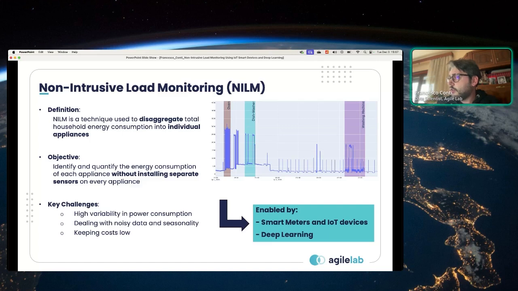Indeed, you can use a low temperature program or a higher temperature program, and this will change the pattern of the signal. And in NILM, we want to recognize these signals, and it is hard with this variability.